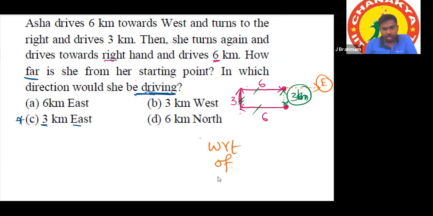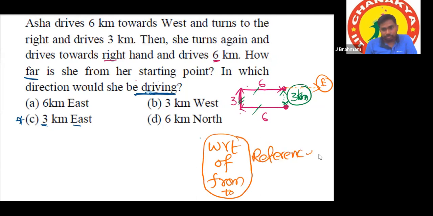With respect to, of, from, and to, all these words in directions represent the reference. Who is the reference? In this question, the initial position is the reference, right? Generally in directions, the reference is taken as the origin. Origin will be considered as the reference point.